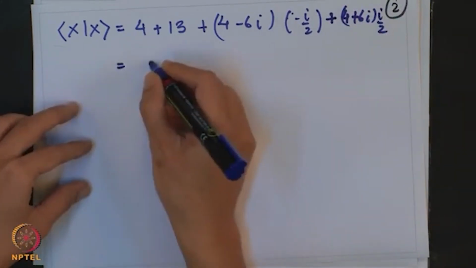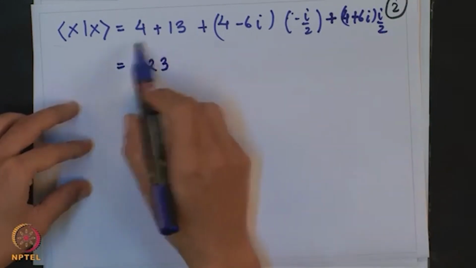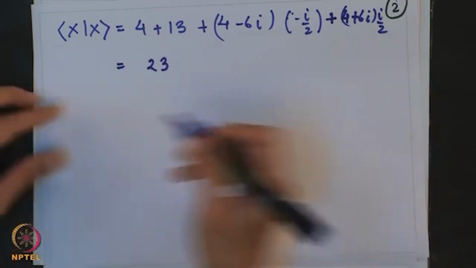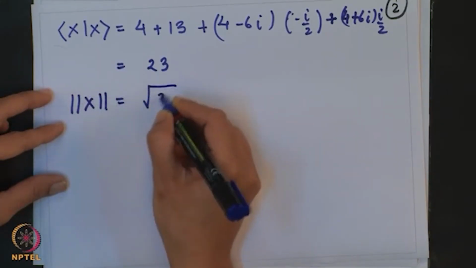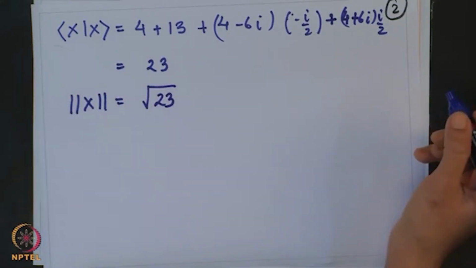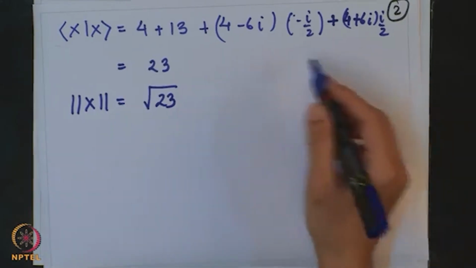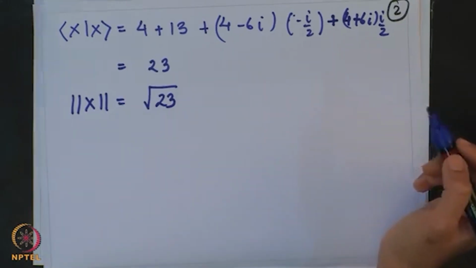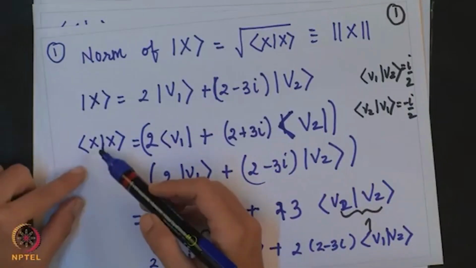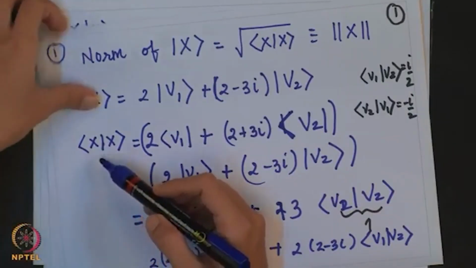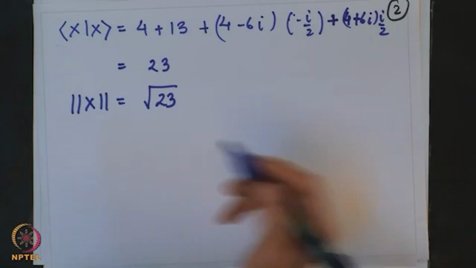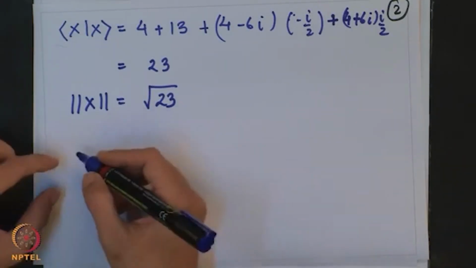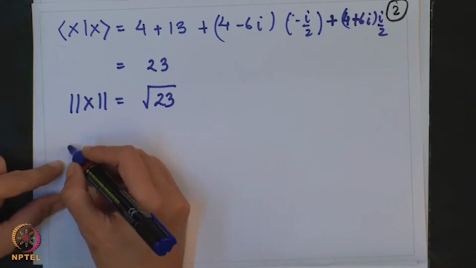This would simply give me 23. You add up all this and you obtain the norm of x as square root of 23. So we have calculated the norm of x, which is now square root of 23.